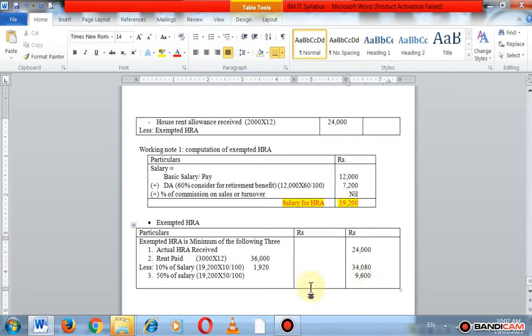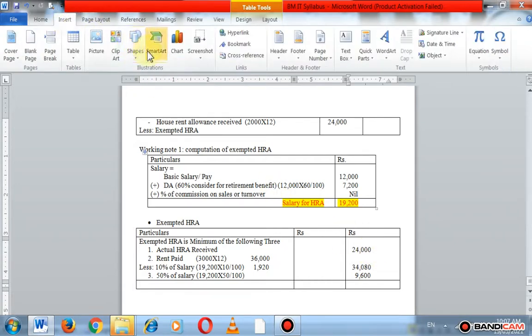Now we take the value which is the lowest, the minimum, as the exempted HRA. So here 9,600 is the lowest value.